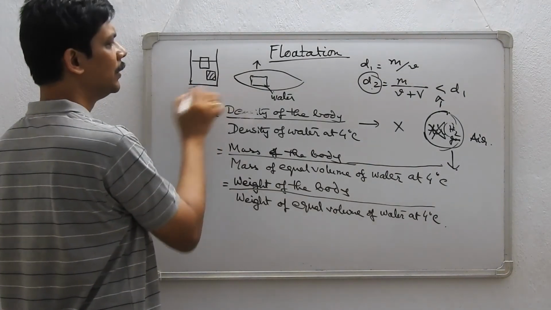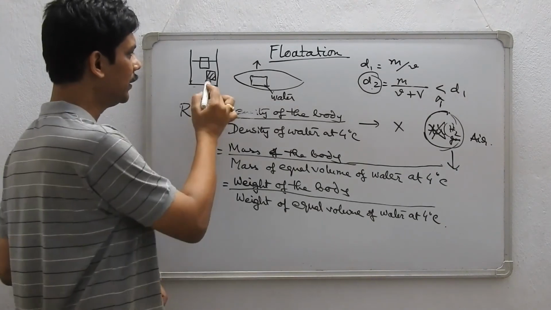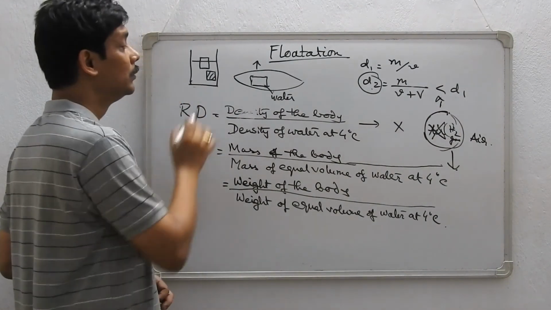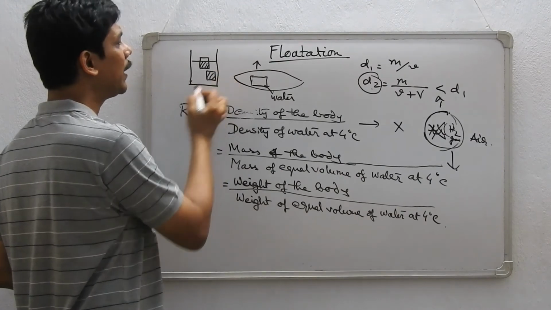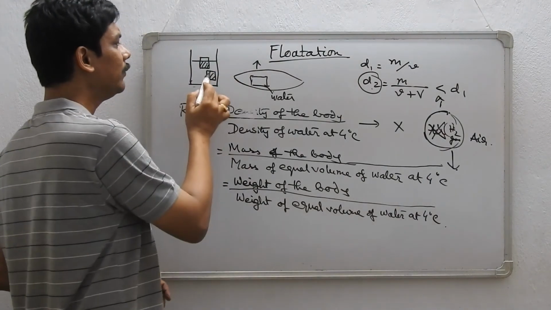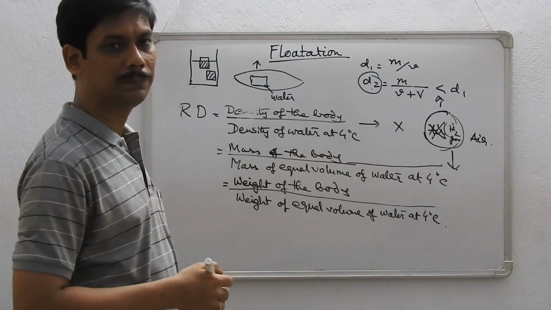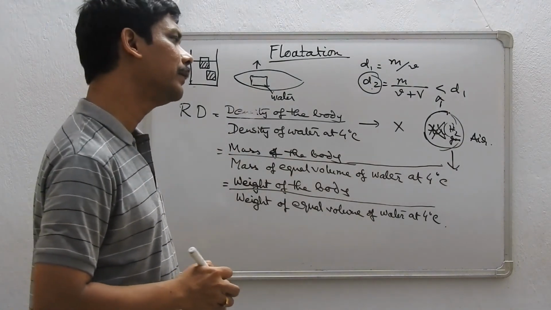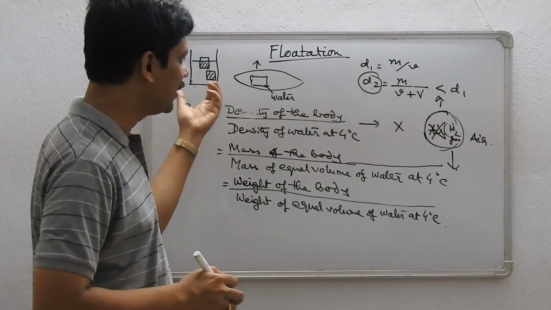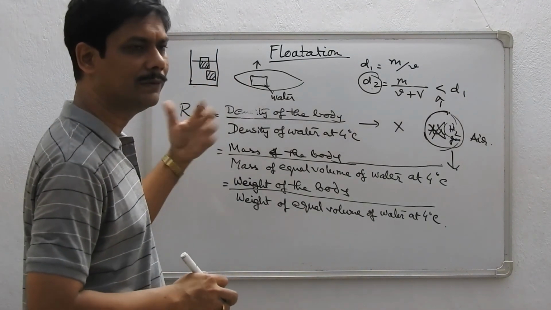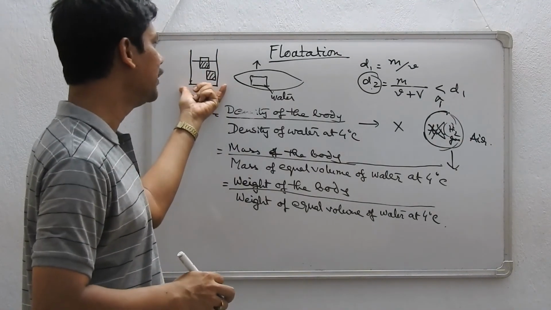It's fully submerged, but it's floating. It's not sitting at the bottom. So it can float fully or partly submerged in a liquid if the weight of the body is equal to the weight of the water that is displaced. This is governed by Archimedes' principle. We are not going into the details of it, but this is how a body can float.